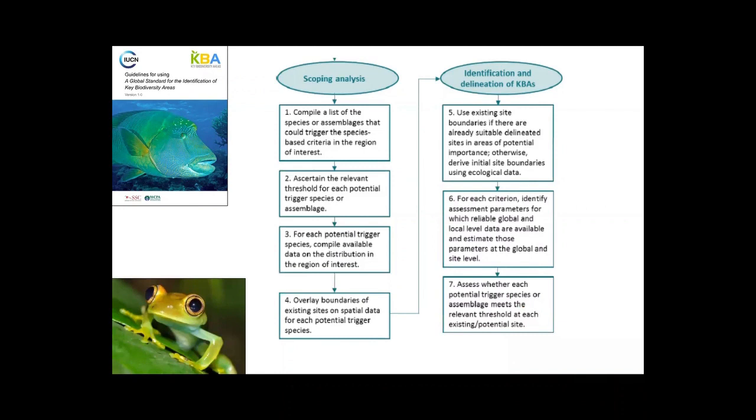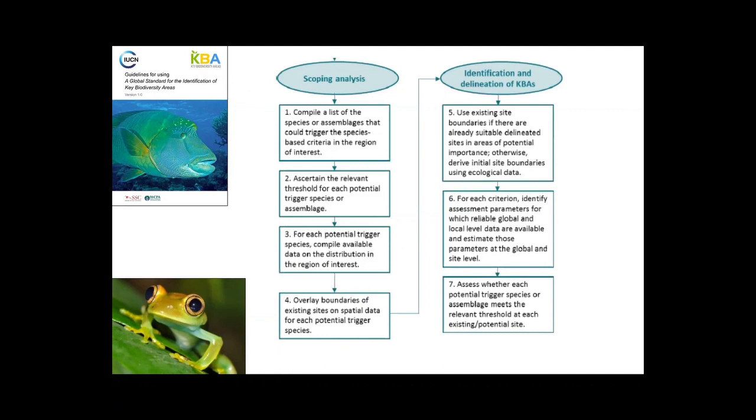So the next two steps are to assess whether potential trigger species meet the relevant population size threshold at each existing potential site. And ideally, we would have reliable data on the number of mature individuals in the global population and in each site. But as I mentioned earlier, this information probably won't be available for many species. So the KBA standard allows that various other assessment parameters can be used instead.